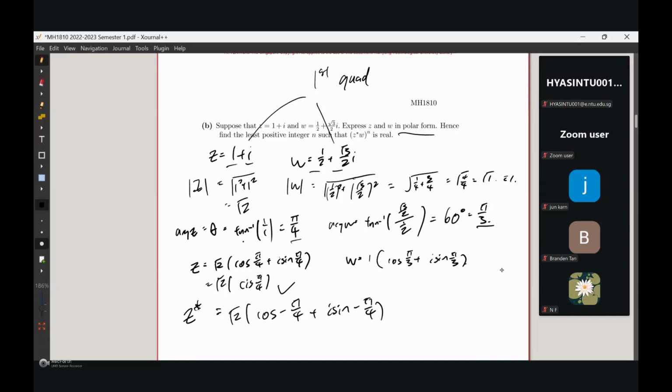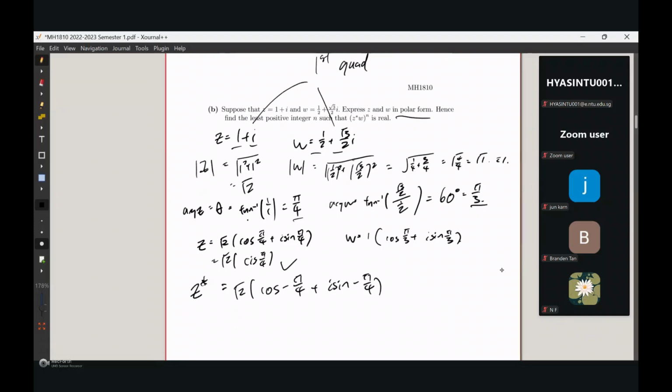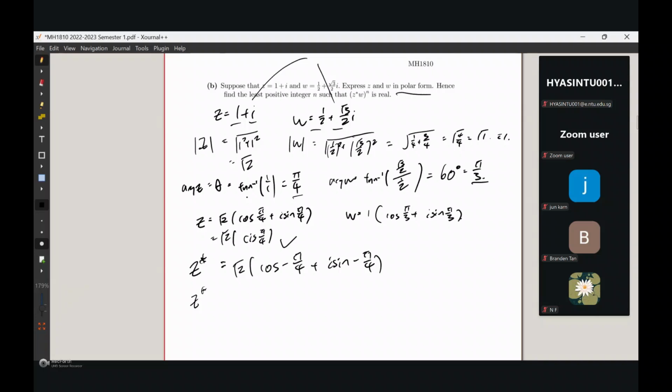Next, we want to take z star times w. Because we are multiplying complex numbers, you multiply the modulus. So square root 2 times 1 is square root 2. Then you add up the argument.